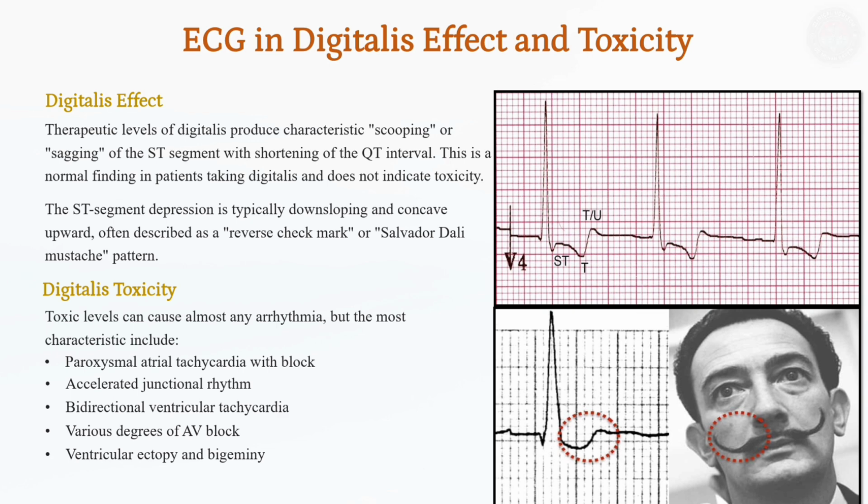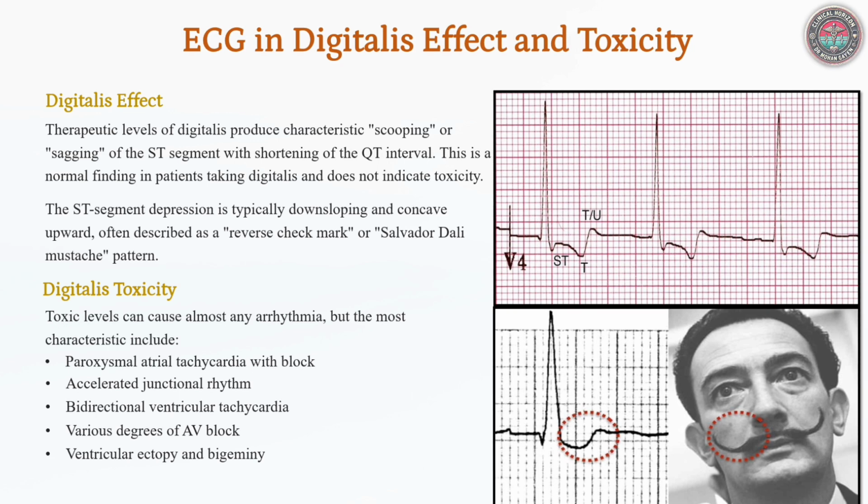Therapeutic digoxin levels produce a characteristic scooped ST segment depression without significant clinical concern. However, toxicity can lead to junctional tachycardia, bidirectional ventricular tachycardia, or various degrees of AV block, requiring digoxin-specific antibody therapy in severe cases.